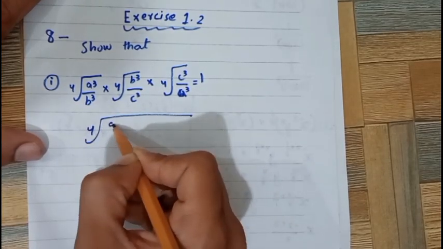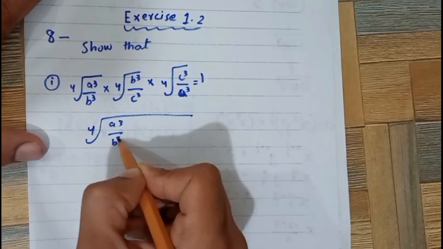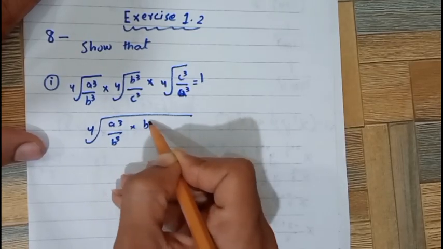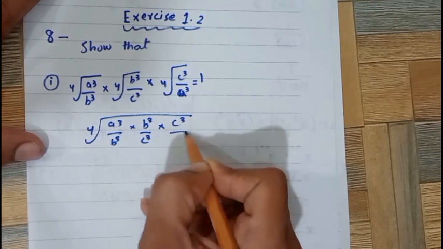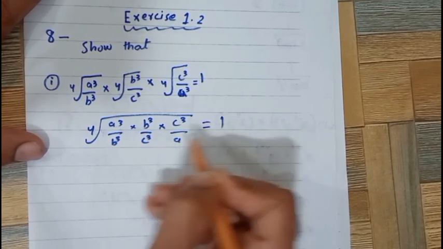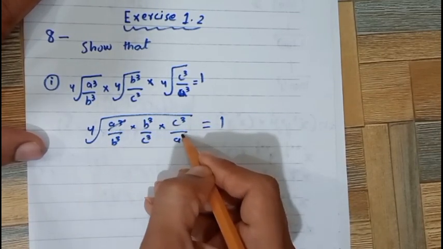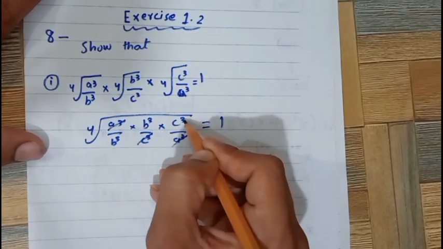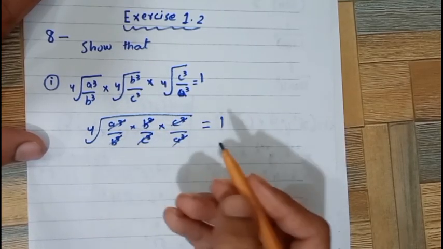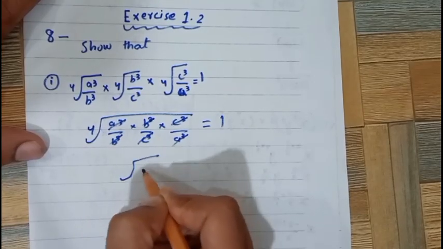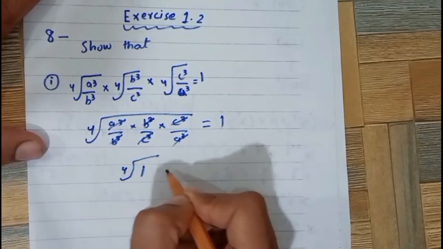So a cubed over b cubed, multiply b cubed over c cubed, multiply c cubed over a cubed. This a cubed will be cancelled with this a cubed, c cubed with c cubed, b cubed with b cubed. So what will remain? 1. So under root 1 with exponent 4.